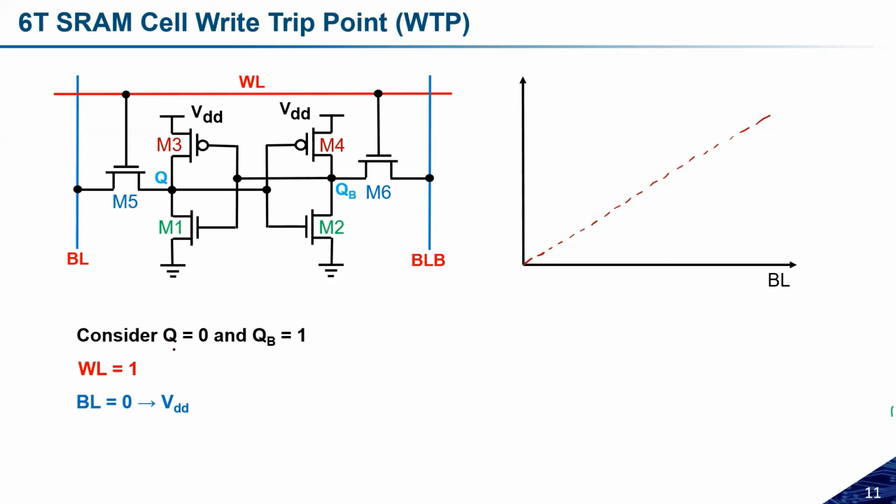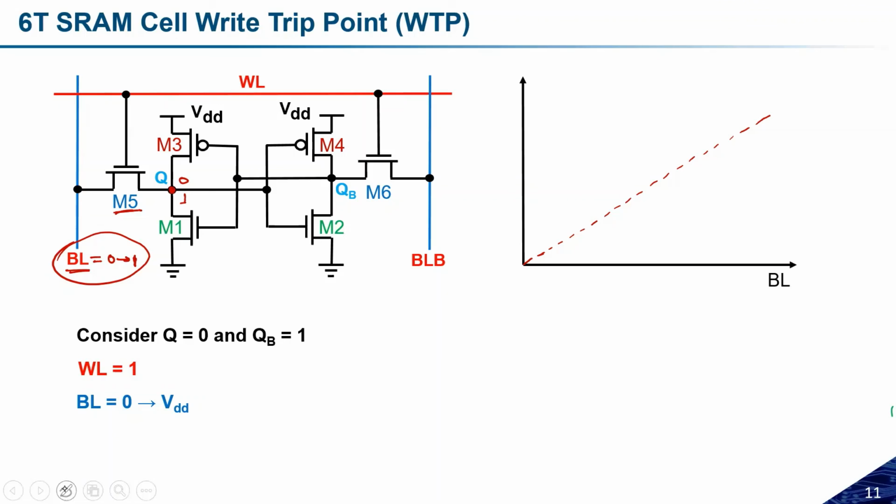Initially, I am assuming Q was 0 and QB was 1. Because the bit line is changing from 0 to 1, and Q was initially 0 and M5 is in the on state, after a certain period of time this Q will flip its logic from 0 to 1. After the trip point voltage, the write trip point voltage, this Q will change its state from 0 to 1.